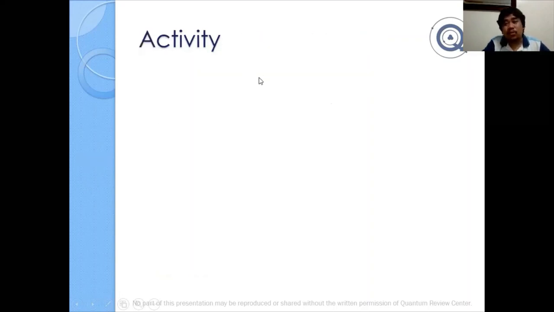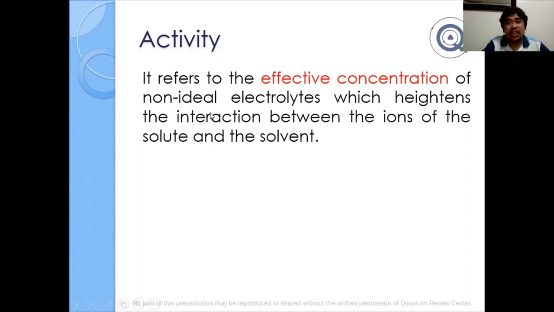Now let's go to activity. So what is activity? It refers to the effective concentration of non-ideal electrolytes, which heightens the interaction between the ions of the solute and the solvent.